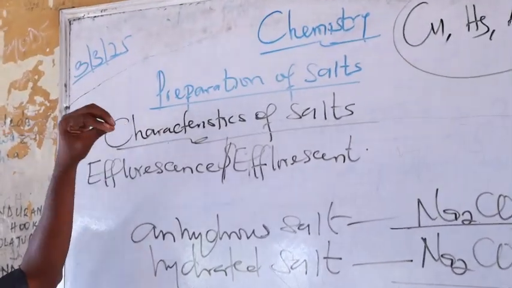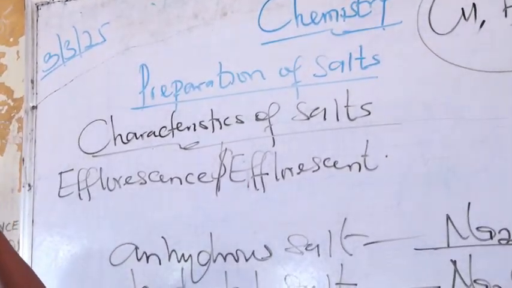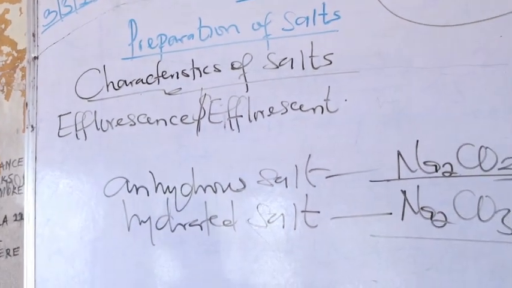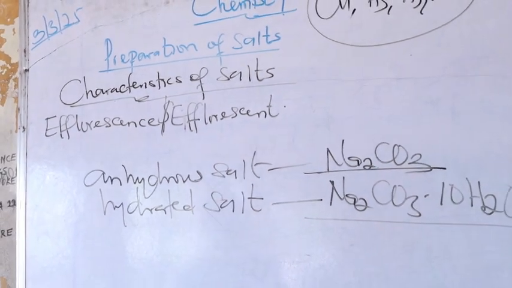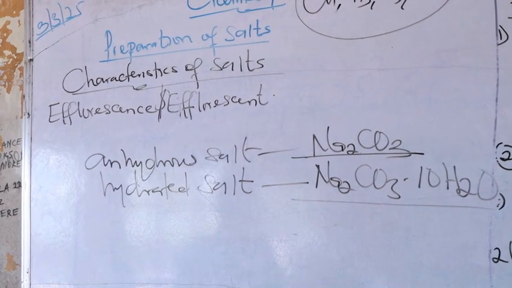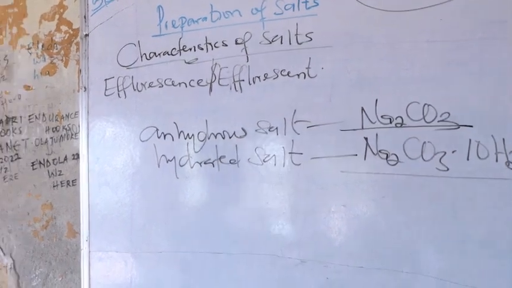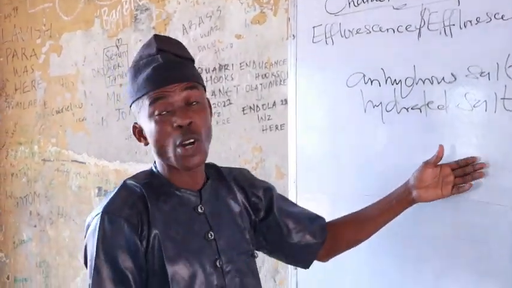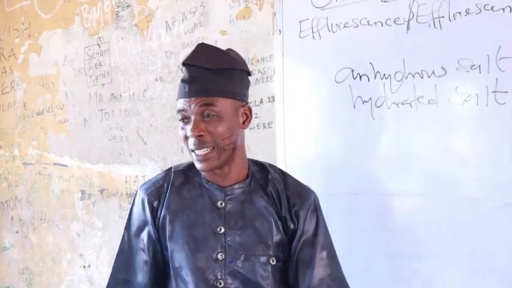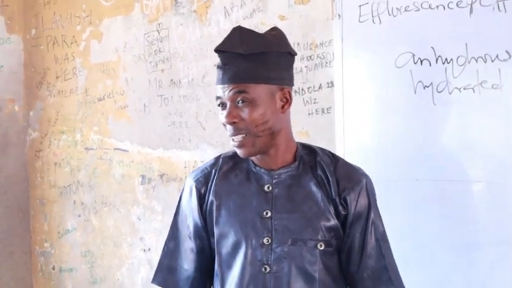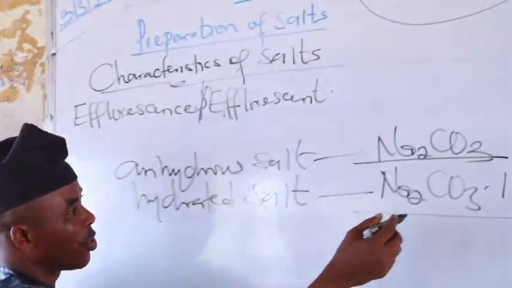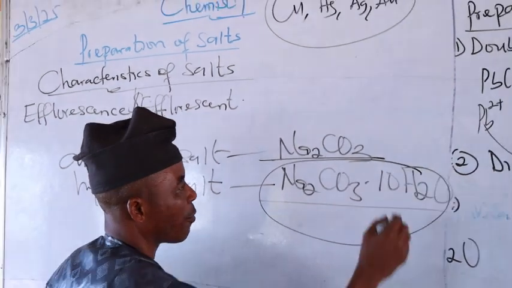Efflorescence is the process whereby a hydrated salt, on exposure to the atmosphere, loses part or all of the water of crystallization. But the salt itself that loses water of crystallization on exposure to the atmosphere is called efflorescent. Am I communicating? This is an efflorescent.